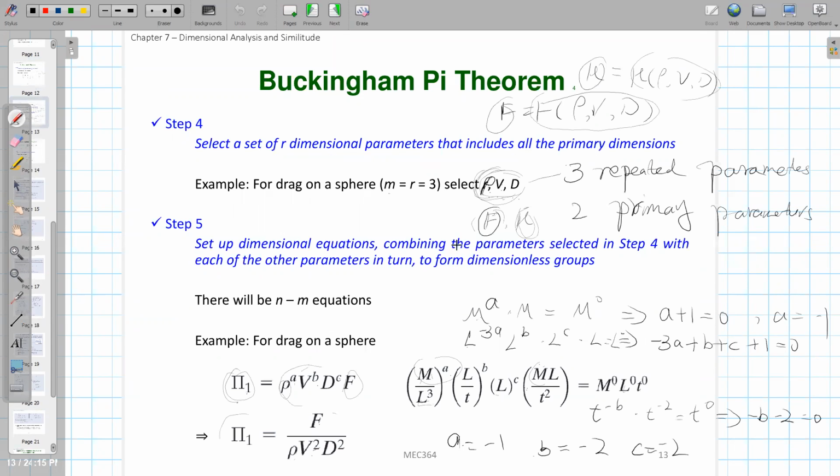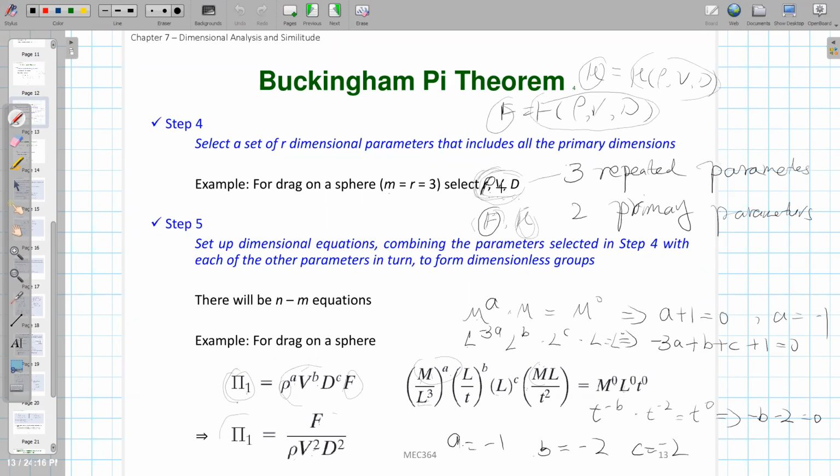But here we choose rho, V, D. There is a reason behind this. The reason is that these 3 parameters, after you choose them as the repeated parameters, will be shown in all dimensionless parameters you find. And so it's better that you choose your repeated parameters with values that are easy to measure.